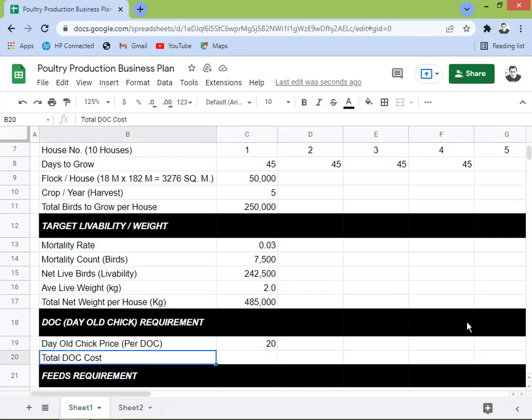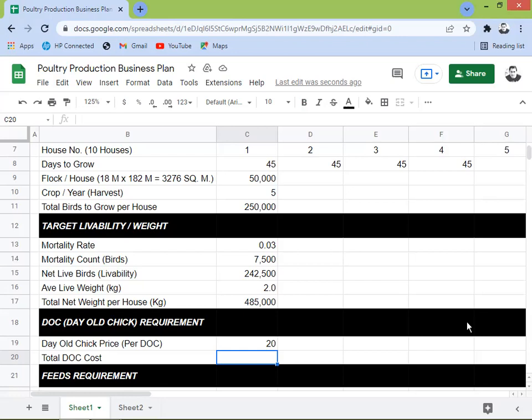So total DOC cost, just for a waiver: when you do your own planning, don't take my figures. They could be not the right or accurate figures. I'm just doing this for the purpose of planning the business.